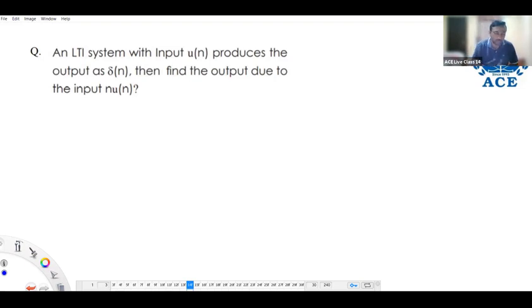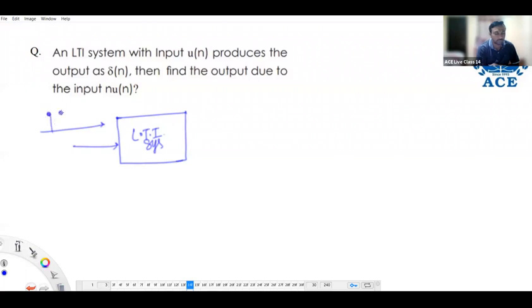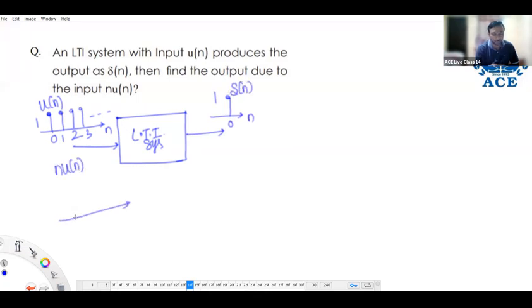For the same system, if you apply n u[n] as the input, that means a ramp sequence, what is the output? u[n] is giving delta[n], so n u[n] is giving what?